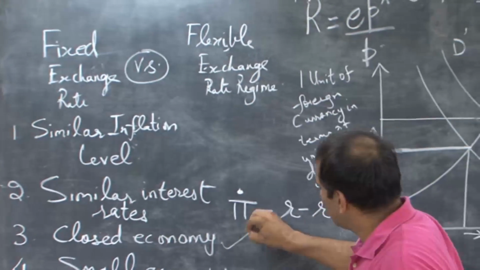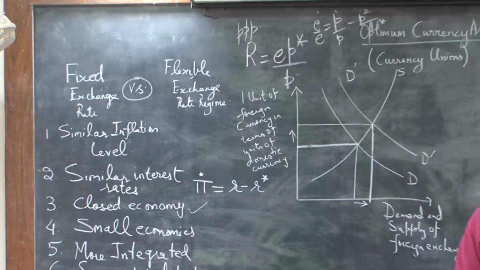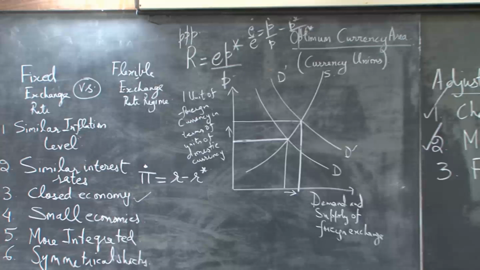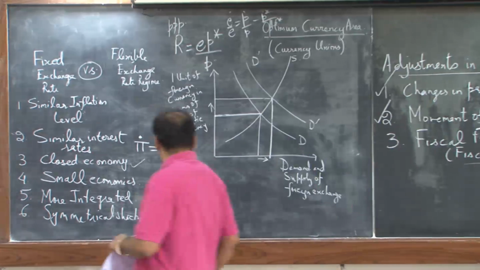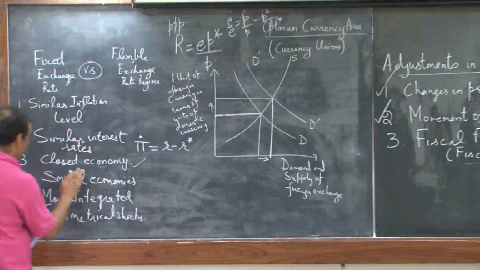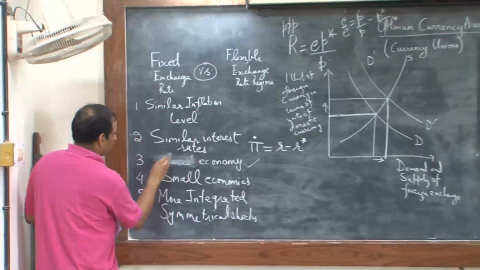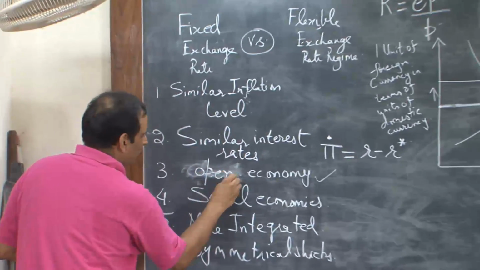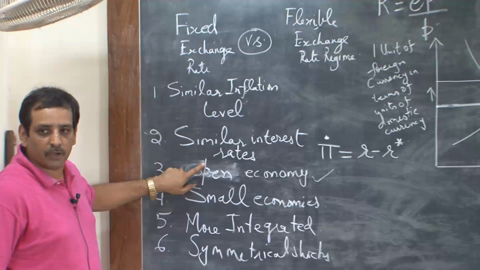If it's an open economy like Norway and you have a flexible exchange rate, then it would tend to create volatility in your markets. A small correction: this shouldn't be closed, this should be an open economy.